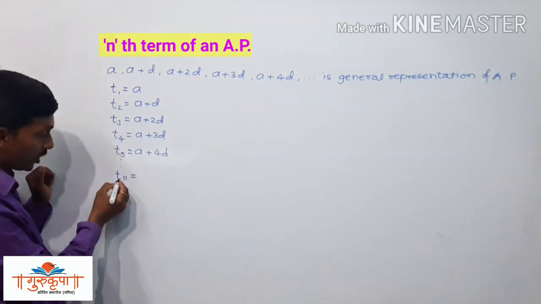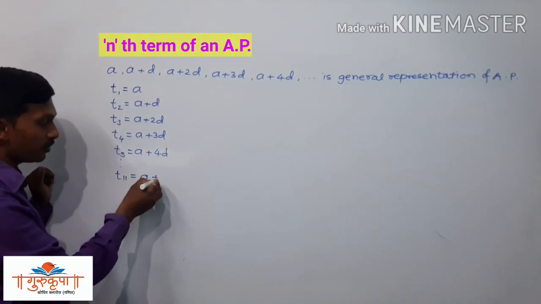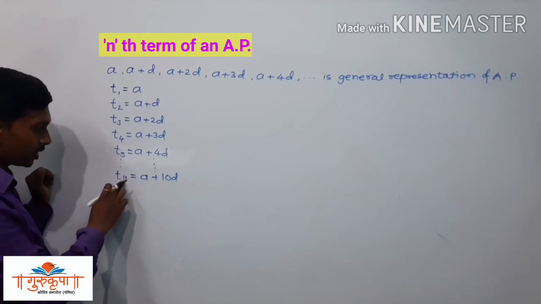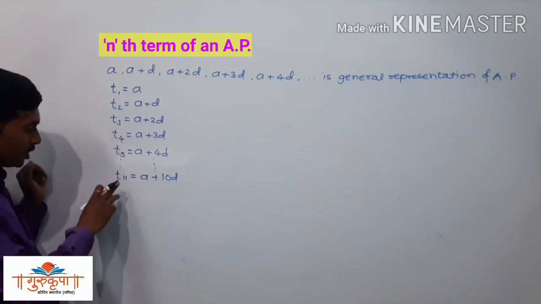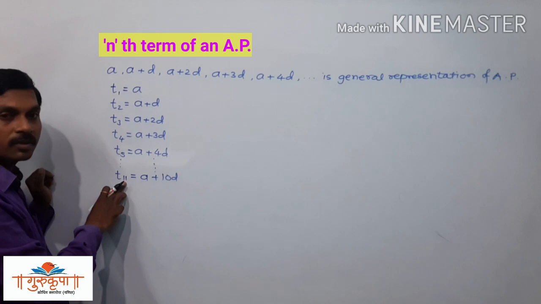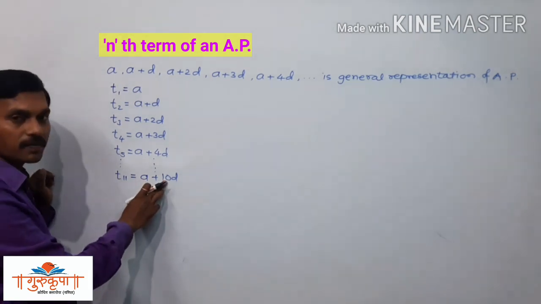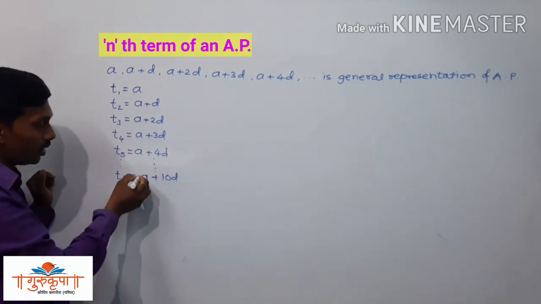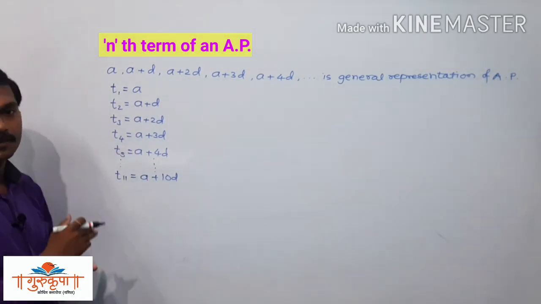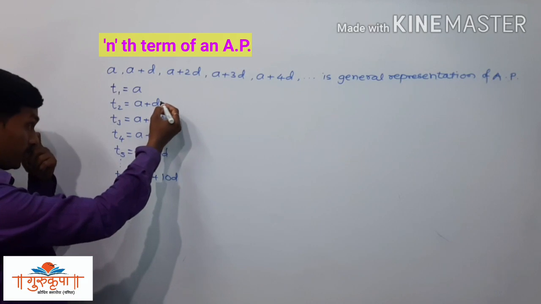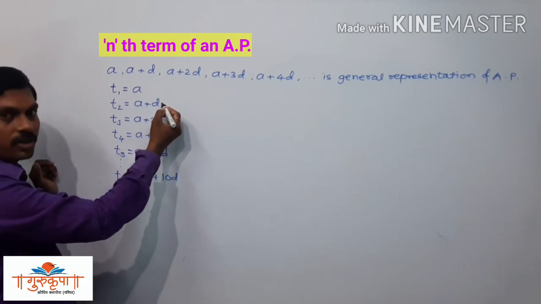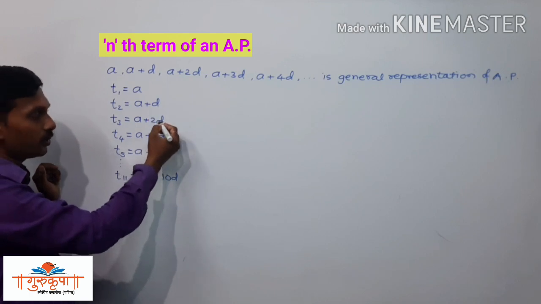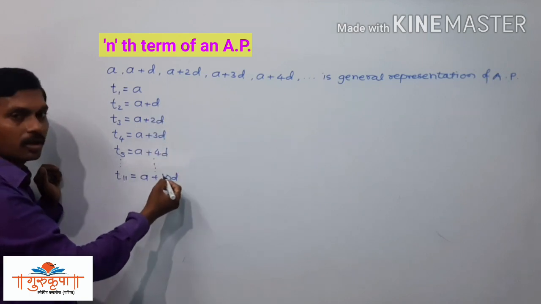Now here we have to find T11. Since we have to find the 11th term, we will write a plus 10d. Here we have the number 10. Everywhere we have a, and the same change is going to happen, here 1d, 2d, 3d, 4d.